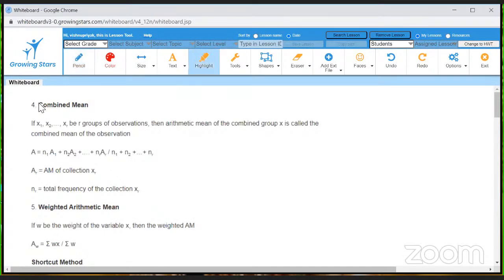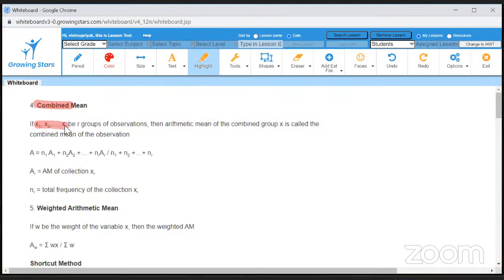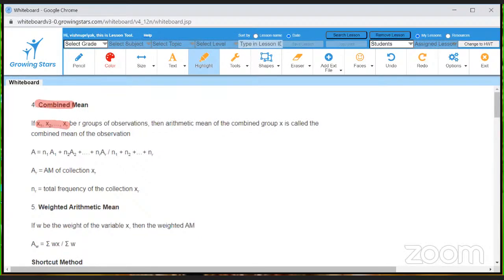What do you mean by combined mean? If you have one list, X1, X2, X3 up to Xr, then for the combined mean you will group up all the X's.